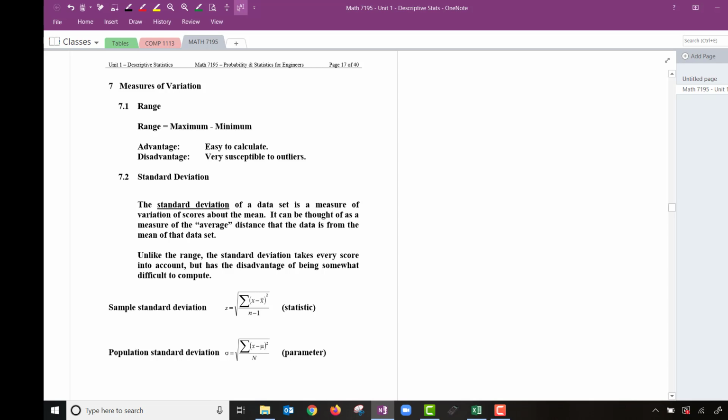If I calculate the range, it'd be 13 minus 1, which is a $12 million difference, or a very large range, indicating that the houses in that group are very inconsistent. However, most of the houses are very consistent. They were all $1 million, and that got missed by the range.